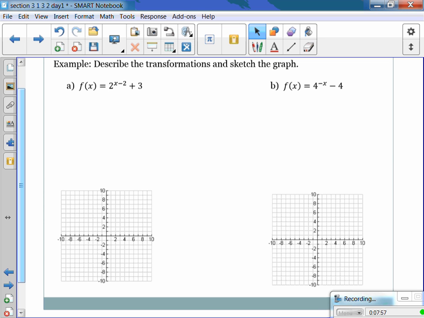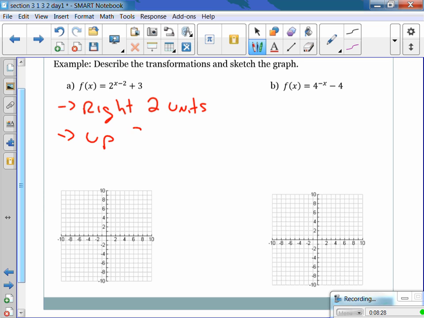So here we have f of x equals 2 to the x minus 2 plus 3. What do we have going on here, transformation-wise? Habib said right 2 units, and Mario said up 3 units.